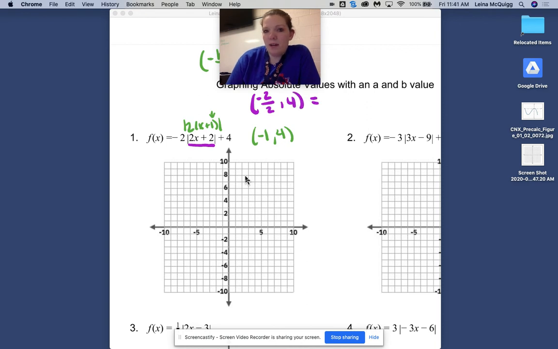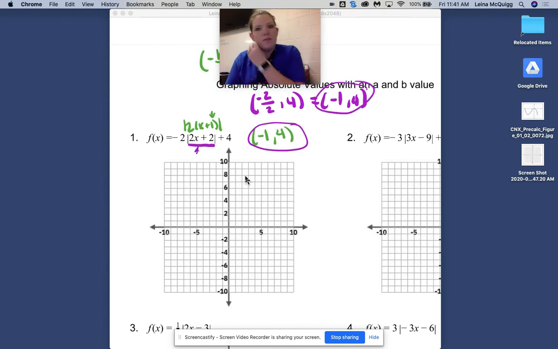If I simplify, negative 2 divided by 2 is negative 1, comma 4. So I can think about this either way. I can factor and immediately see this value, or I can just look at what I'm given and come up with my vertex.